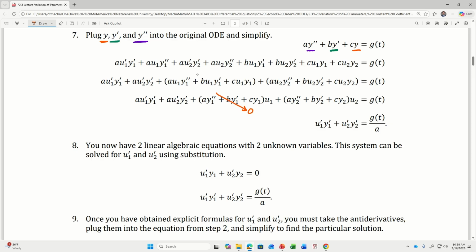And y2 is also a solution to the homogeneous ODE. So that all goes to 0. And so after we are done simplifying my original ODE, we get this short little equation. We'll keep that for later.